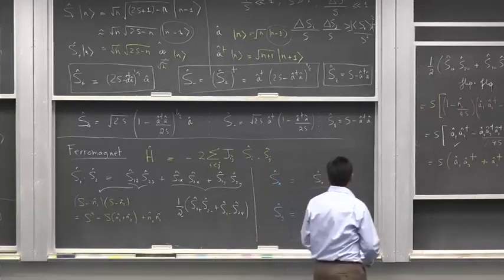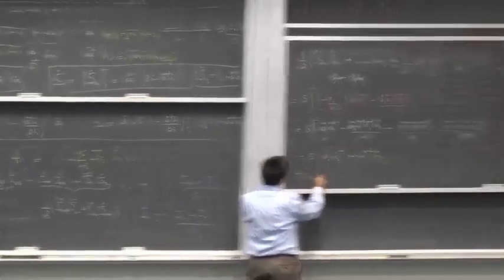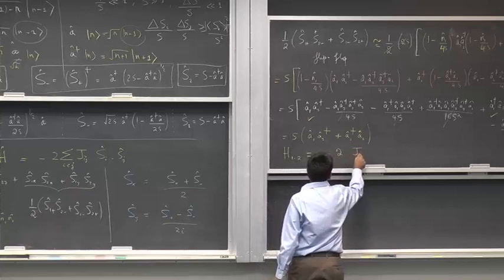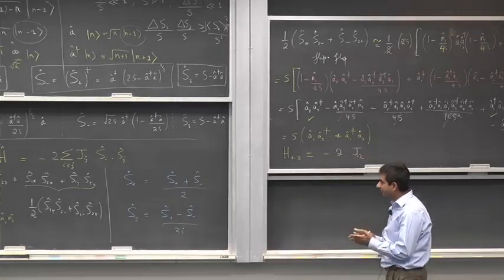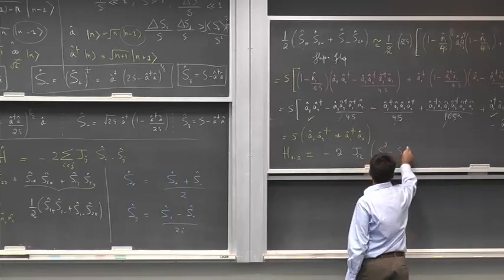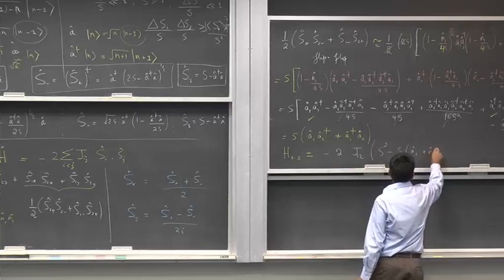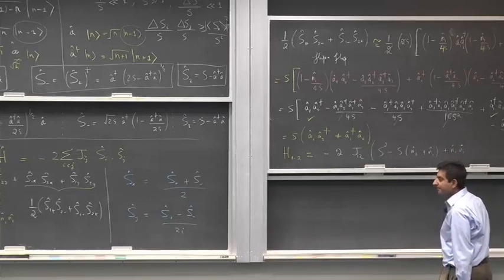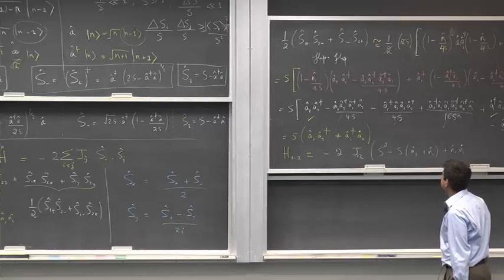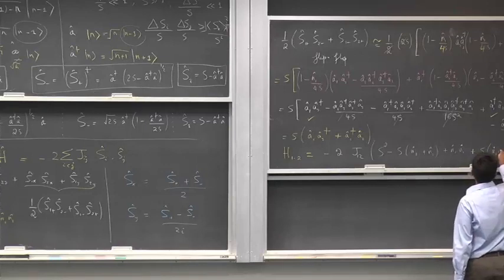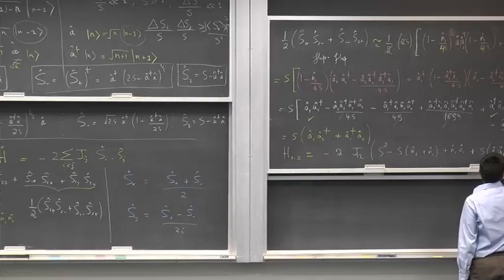So now for two spins, spins 1 and 2, the Hamiltonian is minus 2 J12, the interaction between the two spins, times (S squared minus S (N1 plus N2) plus N1 N2), plus S (A1 A2 dagger plus A1 dagger A2).